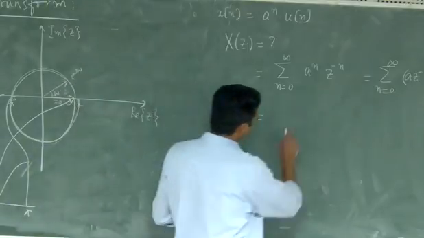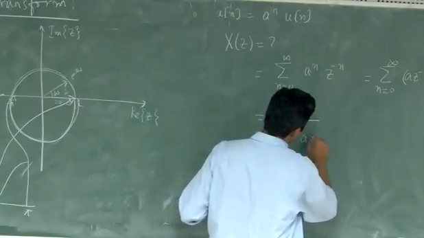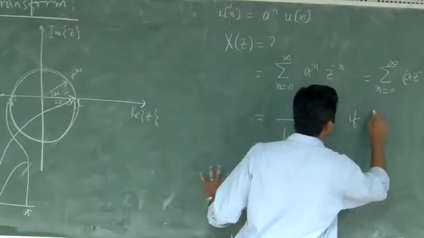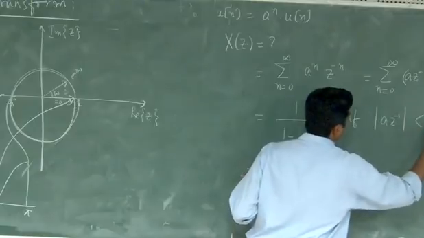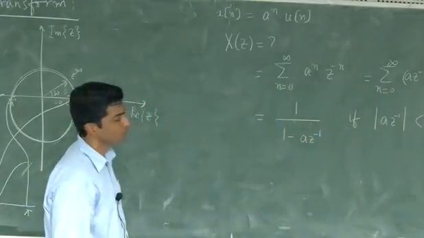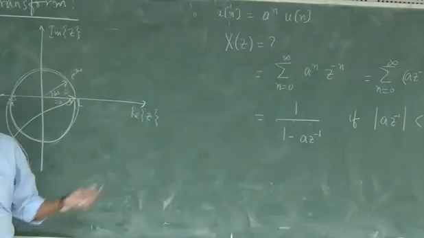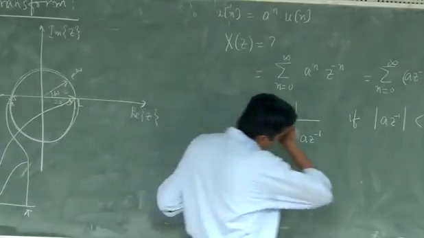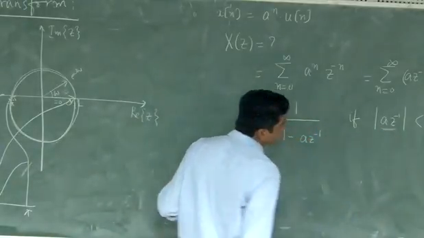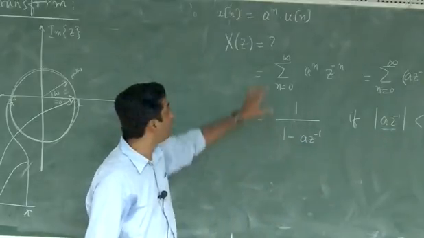Okay. So now this is equal to, yes? Clear to everyone how this is? Okay. So now we have this condition here, right? So as long as this condition is true, this is the Z transform of a to the n u of n.